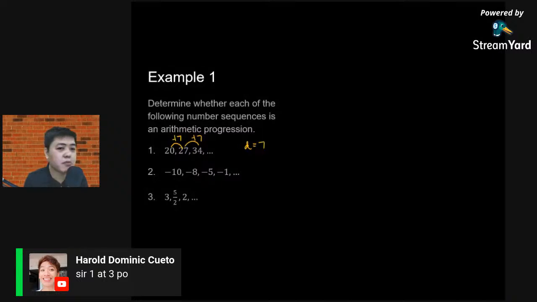Sa number 2, negative 10 to get to negative 8. So, anong sabi ko na common difference is negative 8 minus previous, negative 10. Okay naman, pwedeng negative 5 minus negative 8, depende sa inyo. So, this will become negative 8 plus 10, that's plus 2.